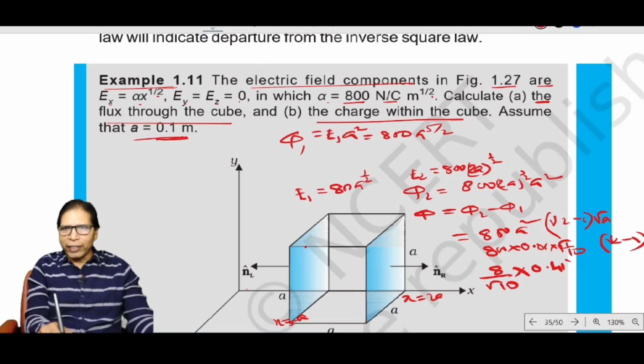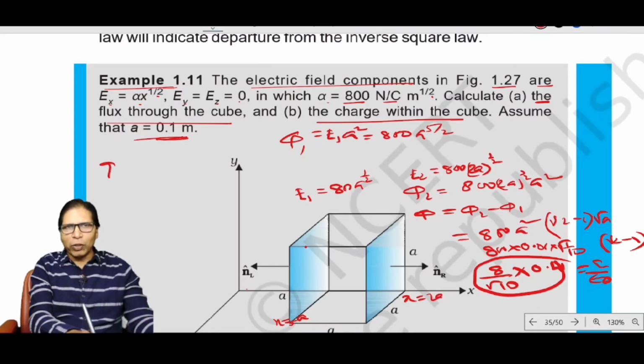Okay, this is the net flux, and it equals q by epsilon naught. So the charge within the cube, q equals 8 by root 10 into 0.41 into epsilon naught.